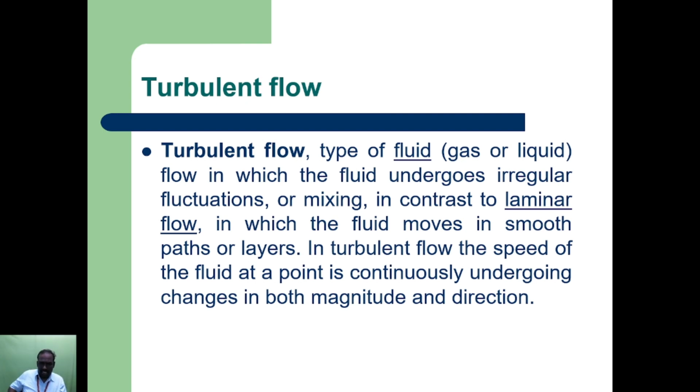In turbulent flow, the speed of the fluid at a point is continuously undergoing changes in both magnitude and direction. The fluid moves in a very fast manner, and undergoes irregular fluctuations.